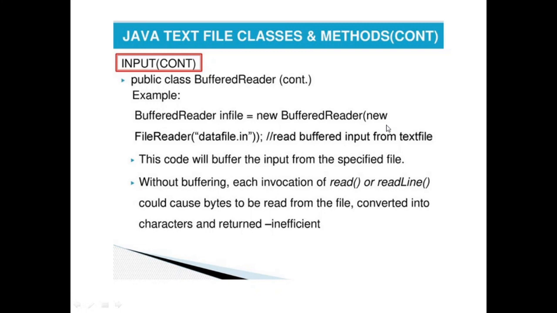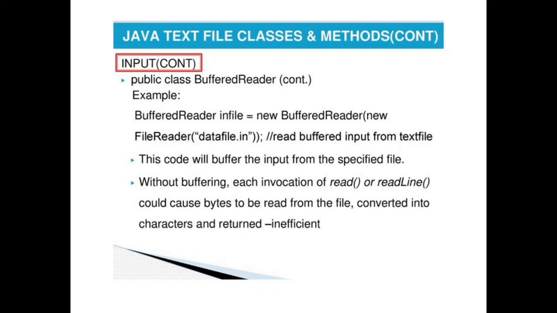That is, the object is created at runtime, and this is known as a temporary object. new FileReader("datafile.in"): this will make a temporary object of the FileReader class, providing datafile.in, that is the name of the file. This temporary object will be passed as an argument to the BufferedReader constructor, and inFile will then point to datafile.in.